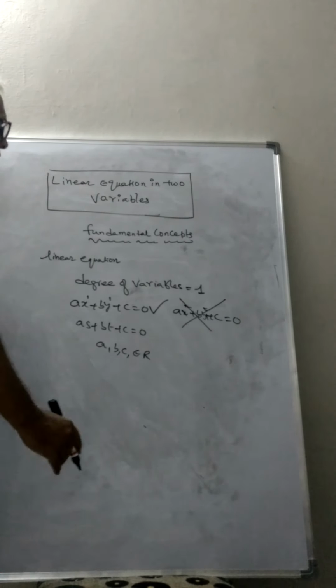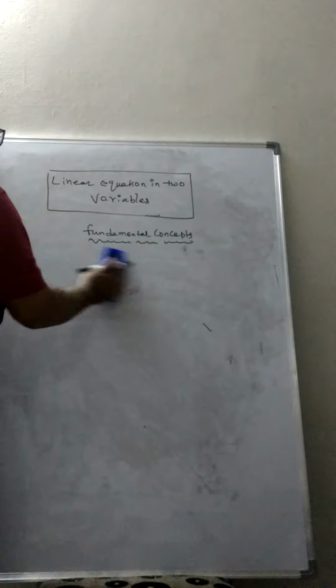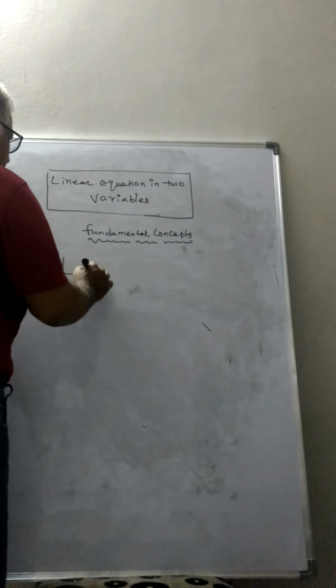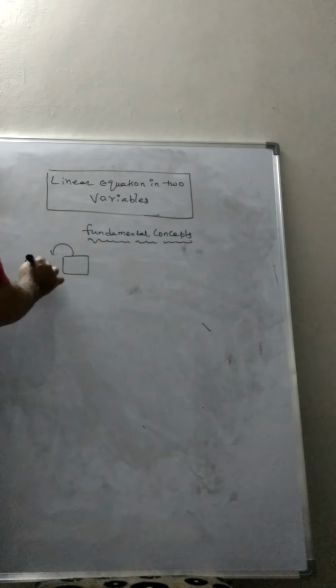So what is the structure of the linear equation in two variables? The structure is like this. Initially, one variable, and a coefficient will be there. Coefficient means a numeral will be there.